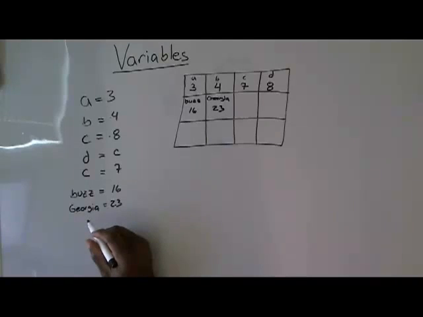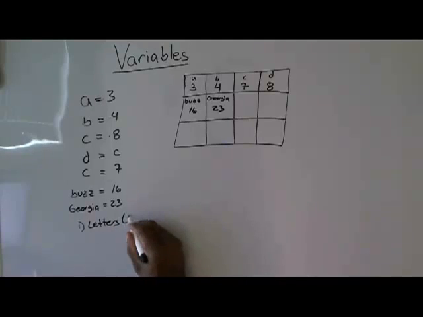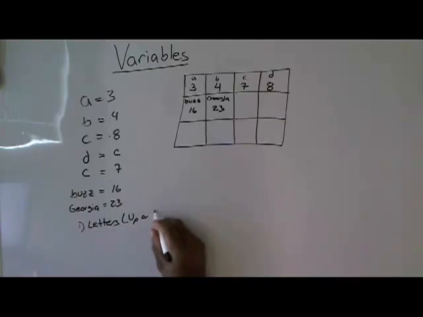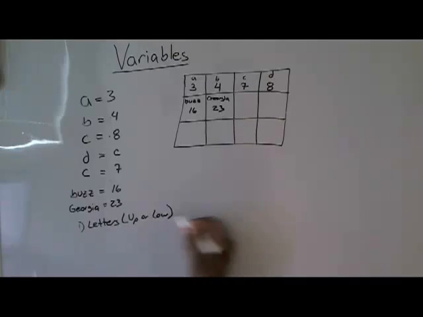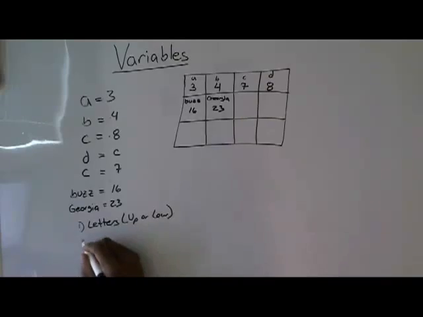The first rule is that you use letters, which can be upper or lowercase. You can use numbers, and let's just stick with, in MATLAB, you can use the underscore.